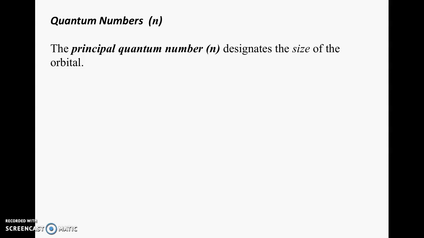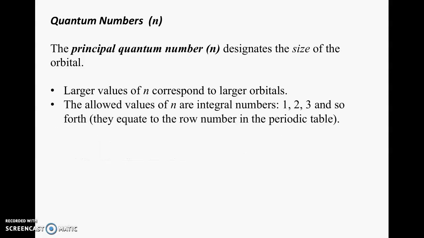Looking at that principal quantum number, which designates the size, we realize that larger values for n mean there are larger orbitals, which is something you might expect looking at the periodic table, because you're squeezing more and more electrons in as you go down the periodic table.